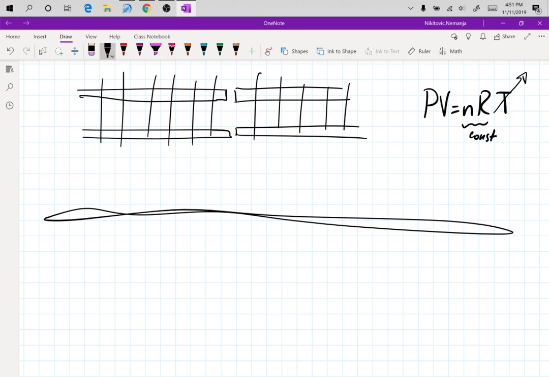But the tire is of finite size, right? So this V has to stay constant because it's not a balloon that you can inflate more. It actually has metal rings inside to reinforce the tire and so on. So it's not something that you can just inflate as far as you want.